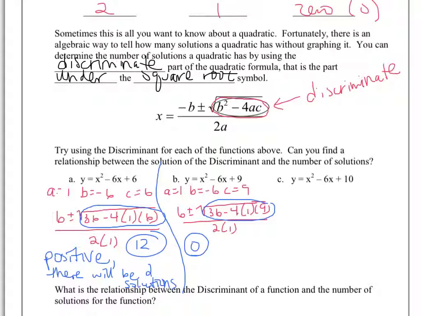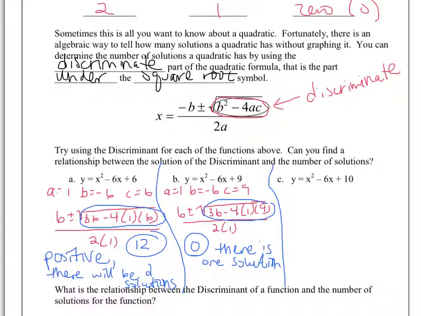When your answer is 0, there is 1 solution, which also means that it crosses the x-axis 1 time.